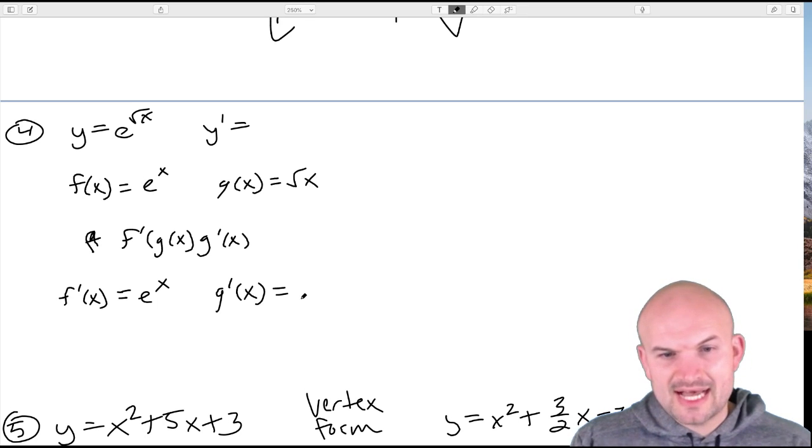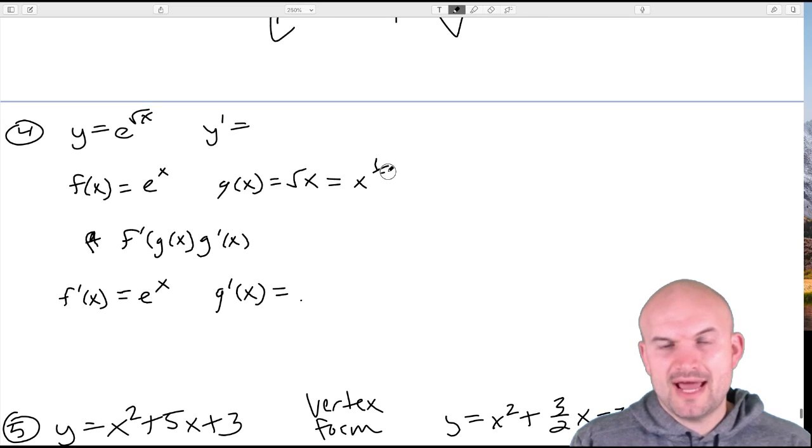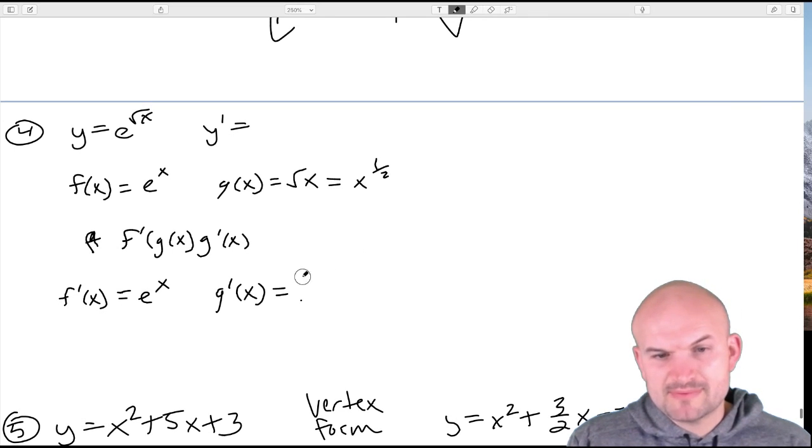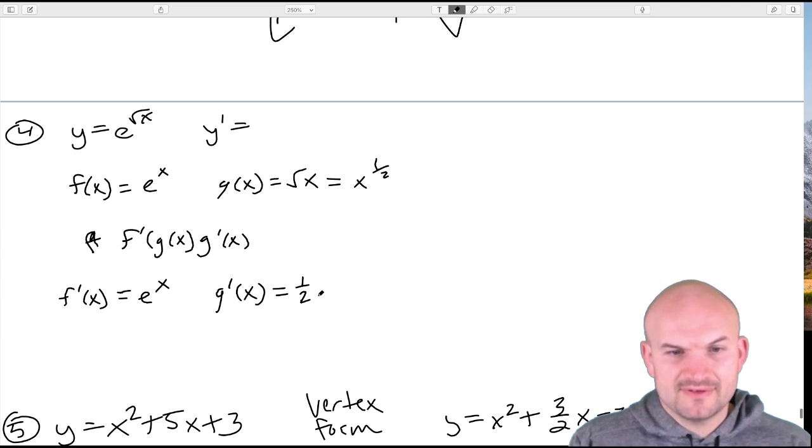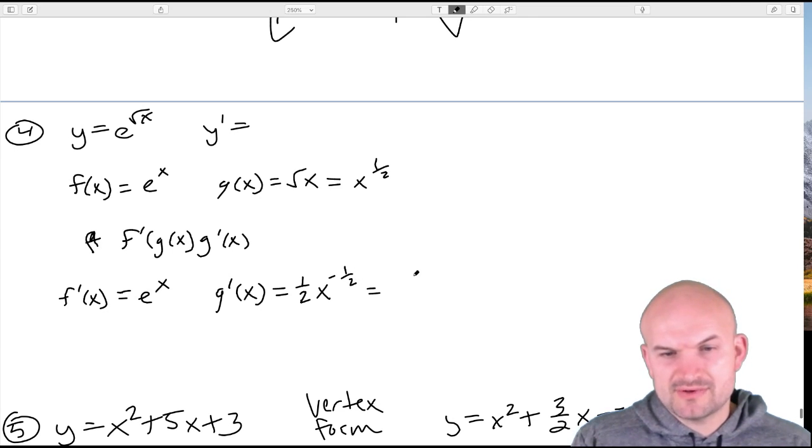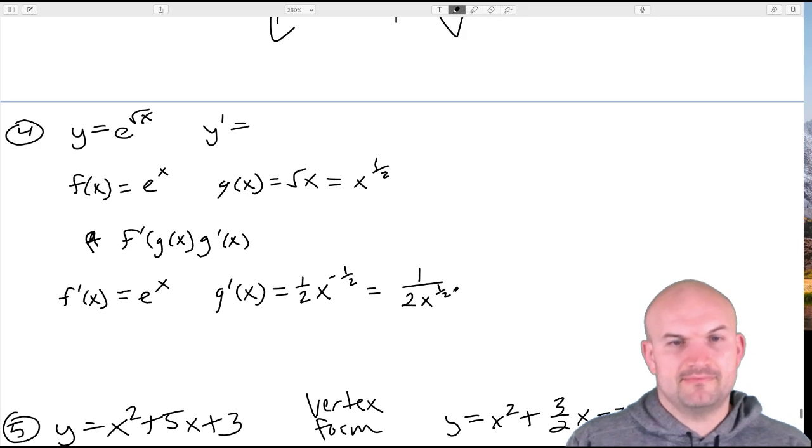which we could write as x to the 1/2. And again, the derivative using the power rule is going to be 1/2 times x to the negative 1/2 power.